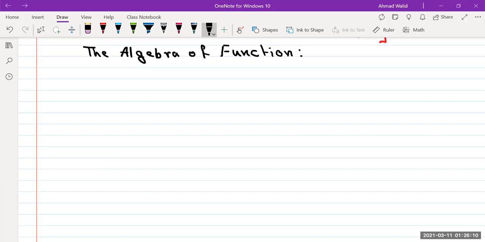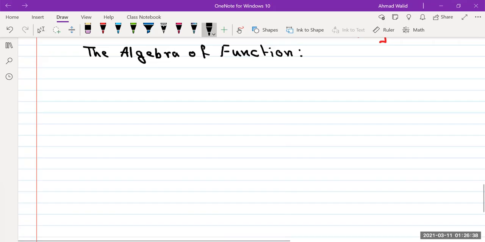Algebra of functions means adding functions with each other, finding the difference between two functions, or in simple language, subtraction of functions. Product means multiply two functions, which you already know how to multiply algebraic expressions, and also dividing functions.